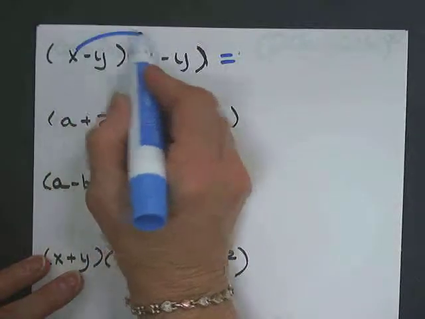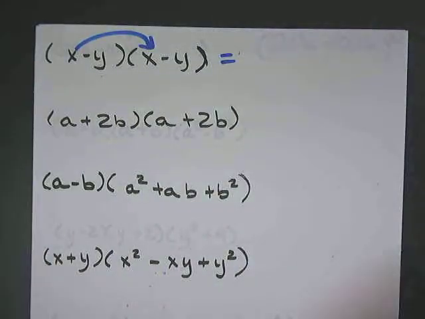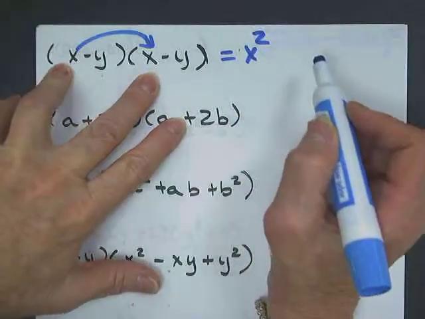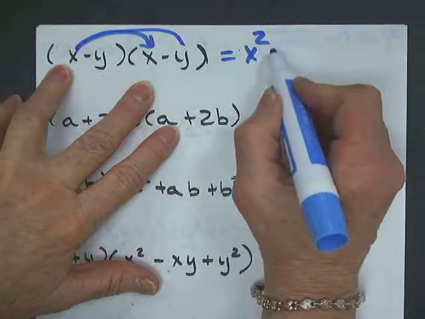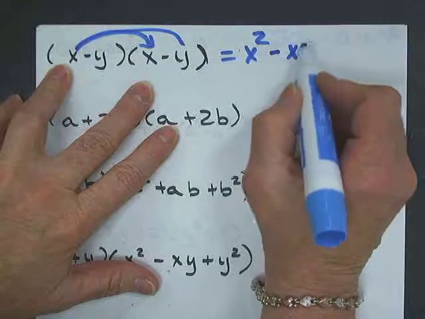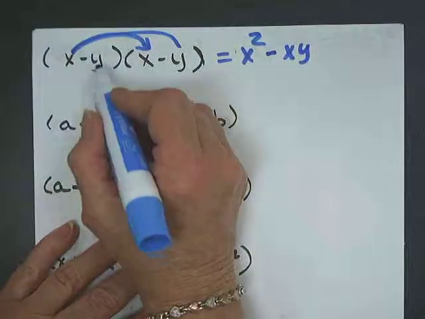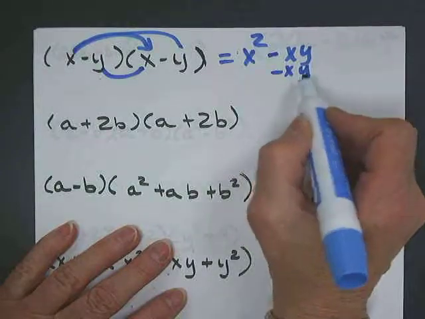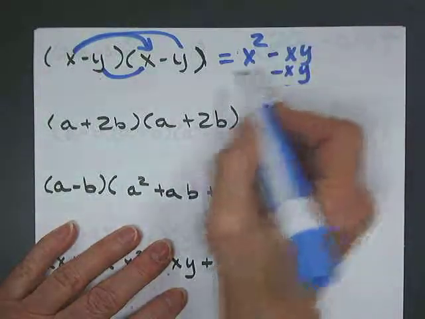Okay, this is not difference of squares. Again, this is a trinomial square. Do you remember that term? Trinomial square is the same thing times itself. X times x is x squared. Outside, minus xy.